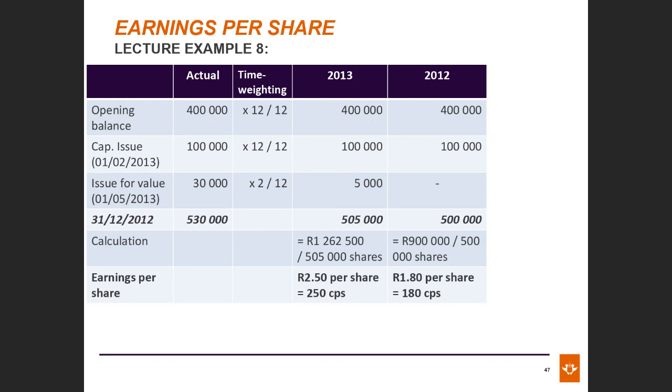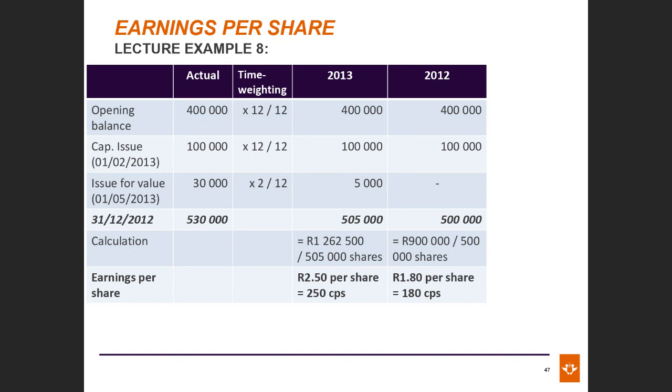So actually, we had an additional 30,000 ordinary shares that were issued, but we only issued these shares on the 1st of May, and the year end is the 30th of June. So how many months did we have these new shares for? They were issued on the 1st of May, and the year end is the 30th of June. So we had these new shares for 2 months only.